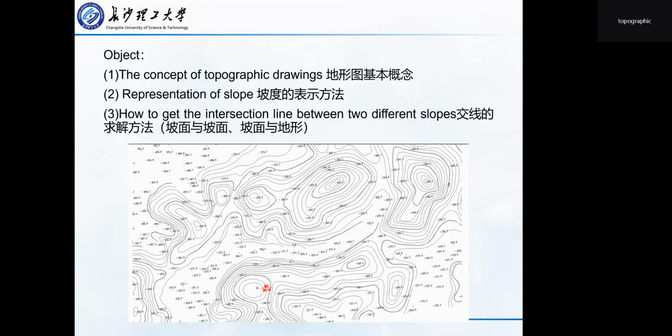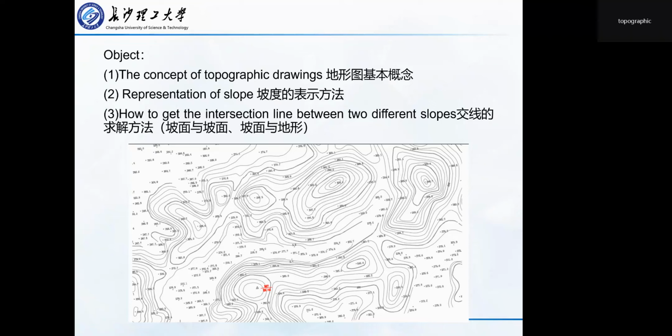Okay, so maybe we don't have to draw these irregular curves to represent the shape of the ground. But we have to know how to read this, and how to draw.